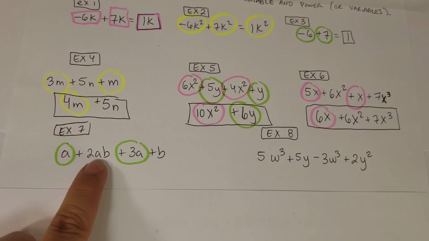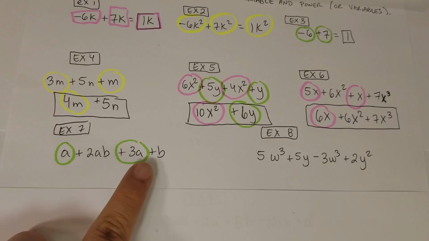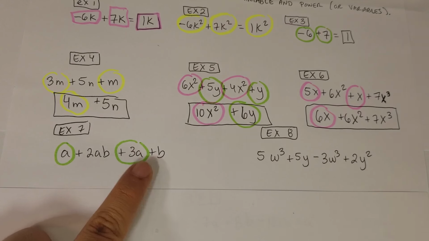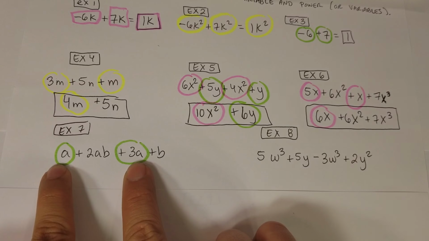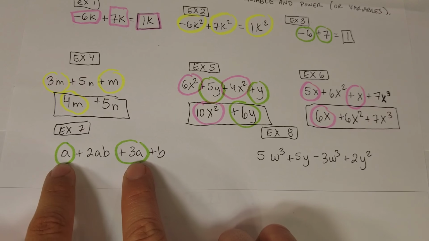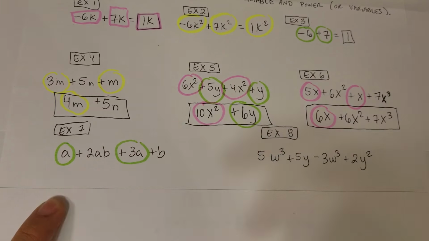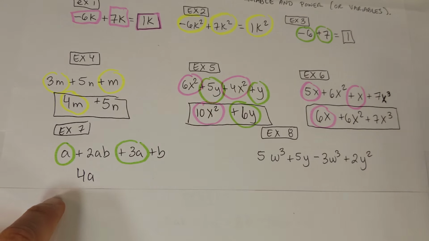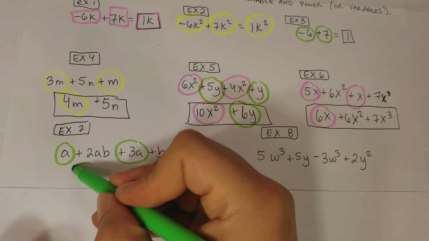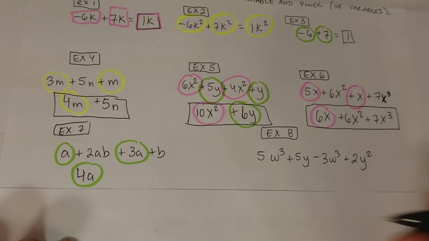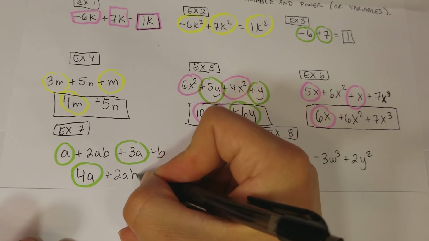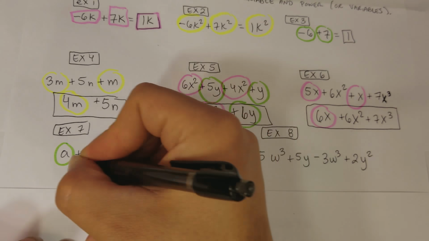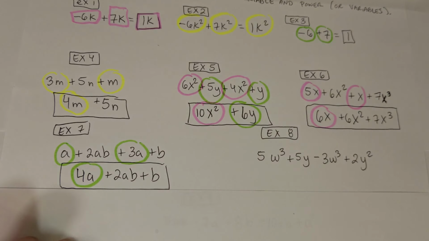Like this is 2ab and this is b. Totally different things. So they have to have the exact same variable with the exact same power, in this case a to the power of 1. So 3a plus one more a, we get 4a in total. So those two go together, and then the other guys just rewrite them over. They just go along for the ride, plus 2ab plus b. Done. Nothing else we can do if they're not like terms.